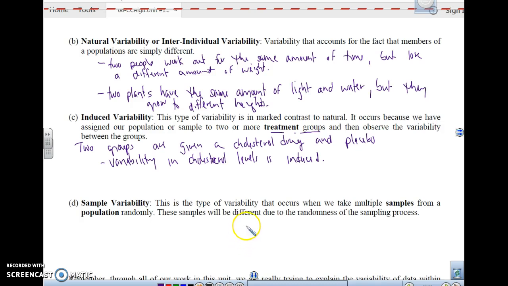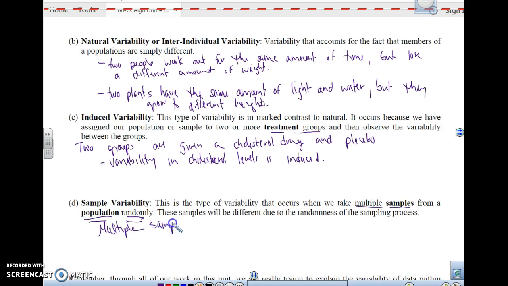Okay, and then the last kind of variability is called sample variability. This is the type of variability that occurs when we take multiple samples from a population, here's the key word, randomly. These samples will be different due to the randomness of the sampling process. So multiple samples of people are surveyed, for example, when you're looking at political candidates.